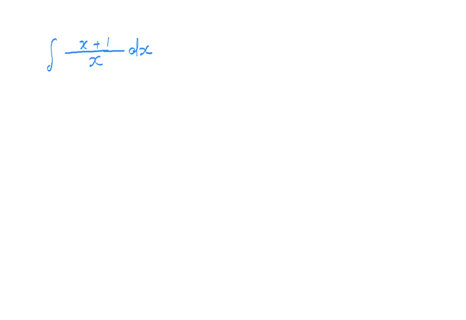So this is just like the first one, correct? x plus 1 over x. So I break it into 2 parts, am I right? So this will be 1 plus x to the power negative 1. So I write down here.